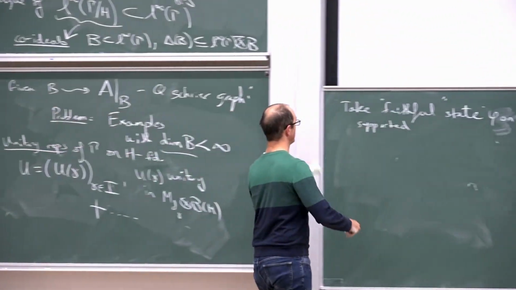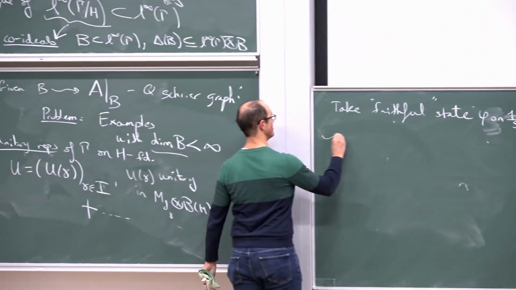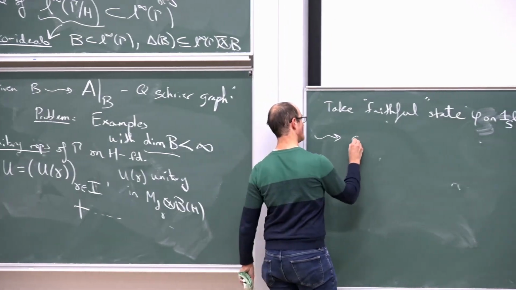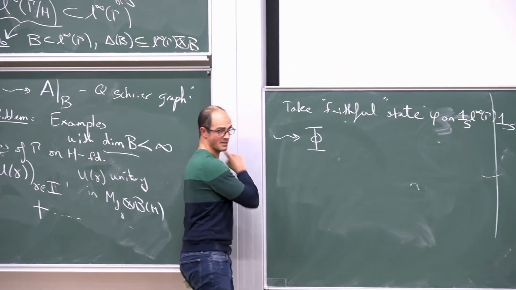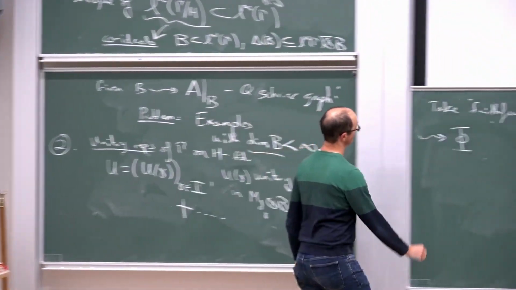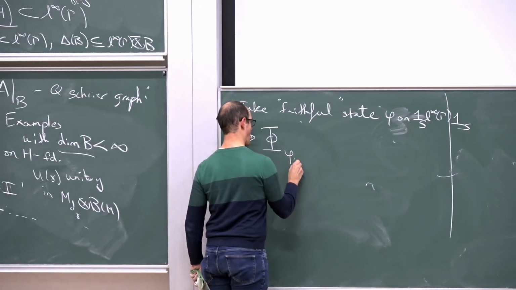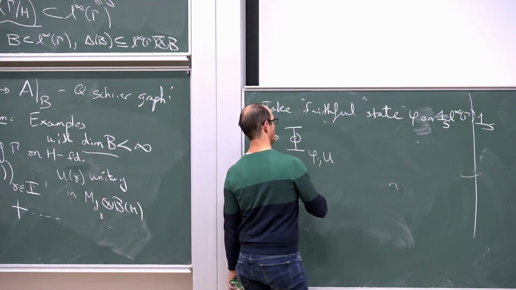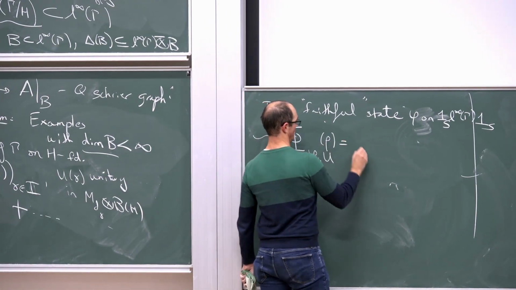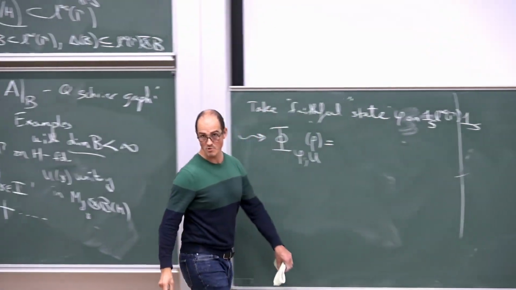So I take essentially a state of full support contained inside of S. And then what I can do is form a channel associated to my representation, coming from phi and U, which is mimicking this random unitary construction.